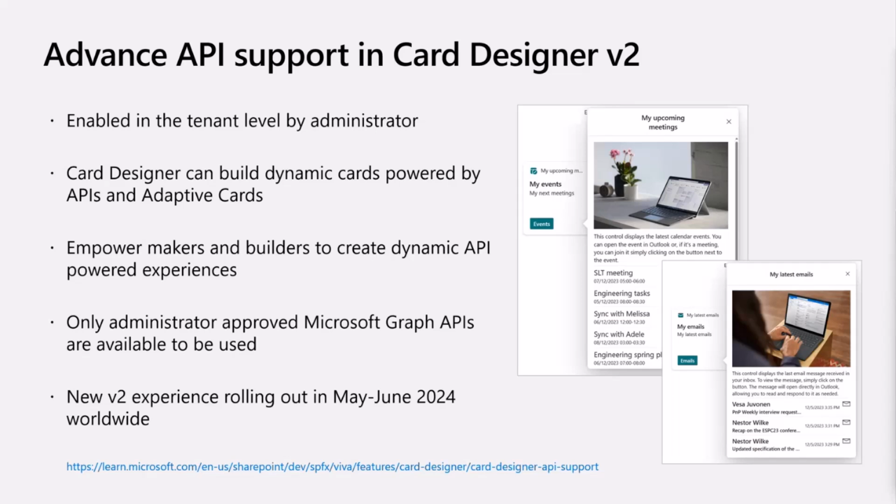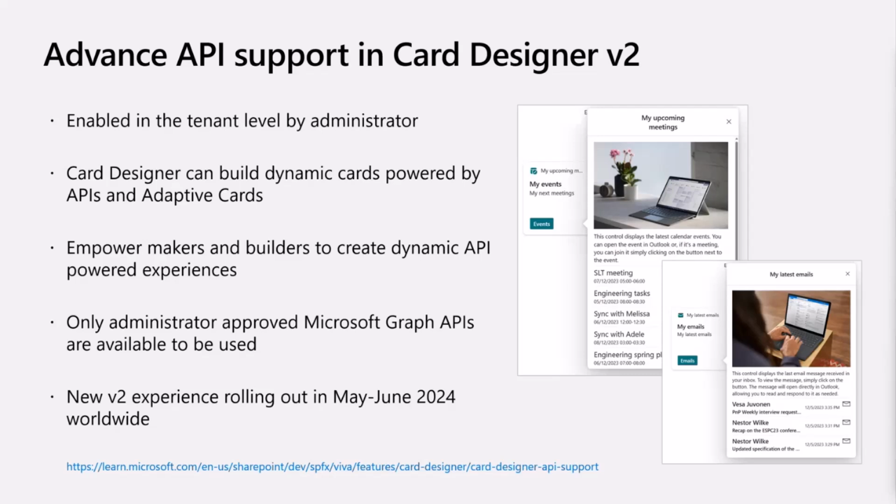This is a capability which the tenant administrator has to enable because it's an API-powered capability, but it actually provides a lot of power for the card designers or the operators who are building the dashboard. So you can really easily build capabilities like my upcoming meetings, my latest emails, or much more complex scenarios as well.